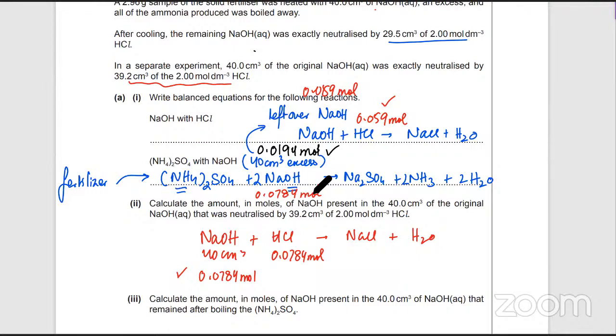After subtracting, you added 0.0784, 0.059 is left at the end. So that means 0.0194 is used. And it's 2:1, so take half of this and you'll find the moles of (NH4)2SO4. So what is half of this? 9.7 times 10 power -3.